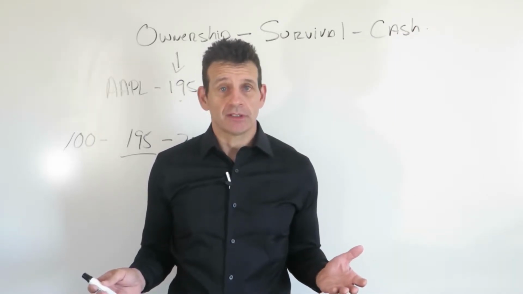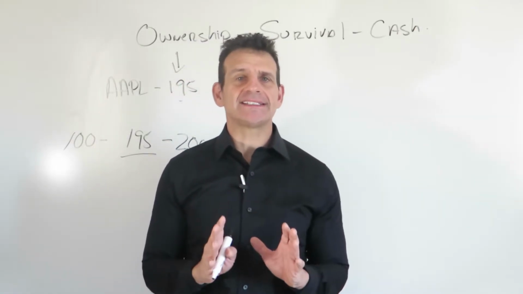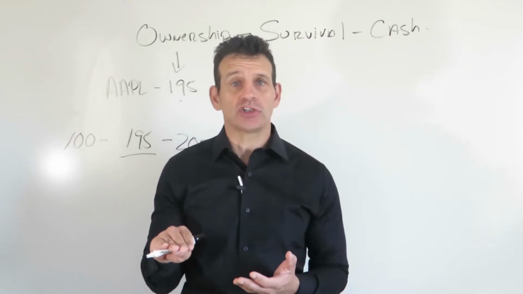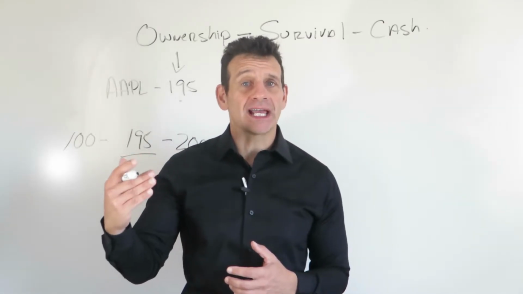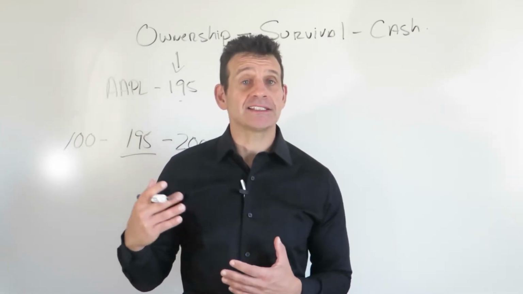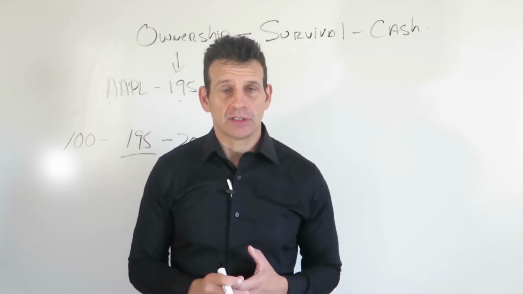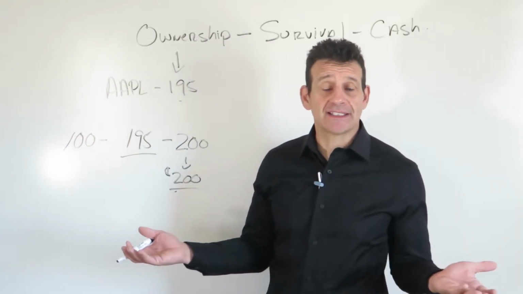Now that sounds good, but what happens? Well, first of all, if you're dead set on owning this stock, and you swear that's where you'd want to buy it, I'll give you a couple of scenarios. Let's say it stays above $195 up to your expiration. That means you get to keep this $200, and that's it.